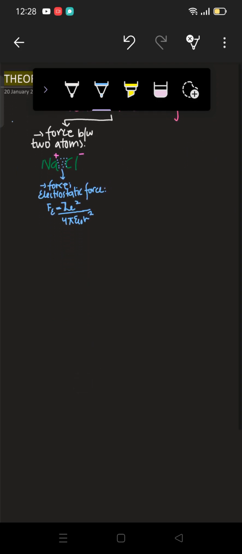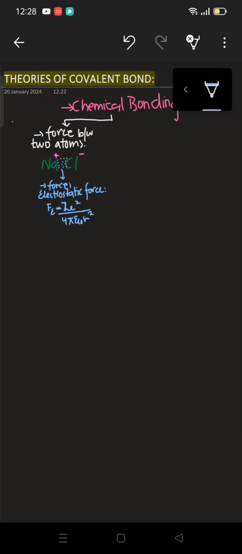Both are equal, right? So sometimes it is a force between two atoms. For example, in the ionic bond, there is just a force between two atoms, and that force is known as electrostatic force, equal to Z E square upon 4 pi epsilon naught R square, or K Q1 Q2 over R square, right?